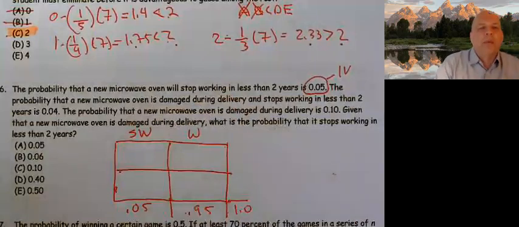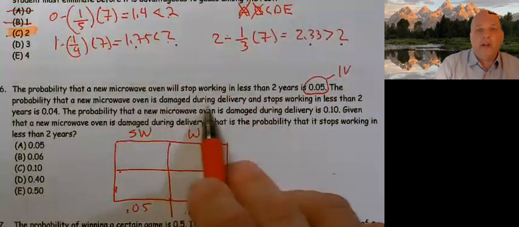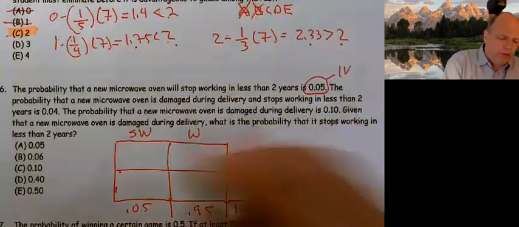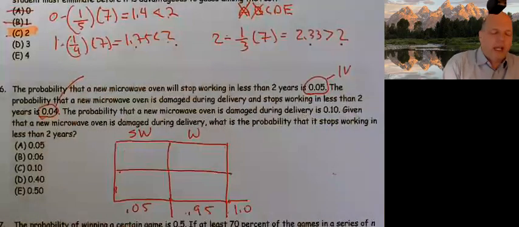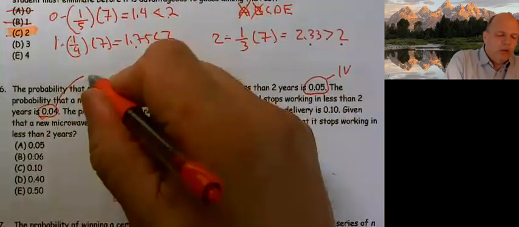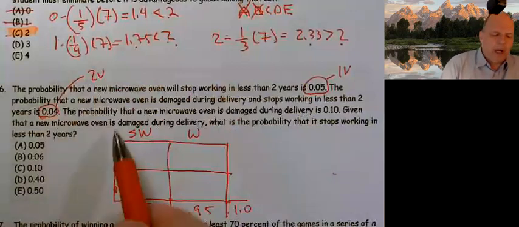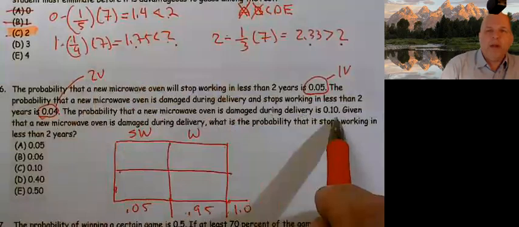Continuing on. The probability a new microwave is damaged during delivery and stops working in less than 2 years is 0.04. Well, this is damaged and stops working, so this is a 2 variable. I'll come back to that one in just a moment. And then it says the probability a new microwave oven is damaged during delivery is 0.1.